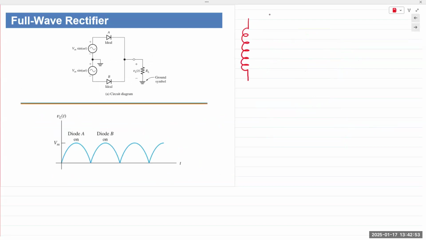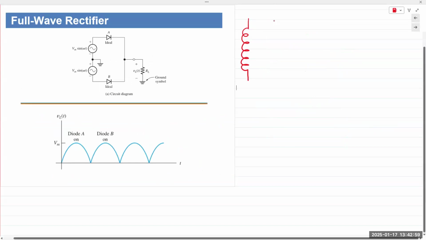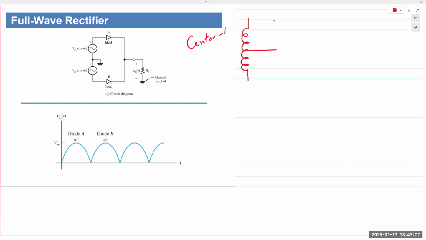It was 1 single transformer with a tap in the secondary coil. And so this would be known as a center tap. I'm simply drawing the secondary coil, not the primary coil. Center tap transformer.